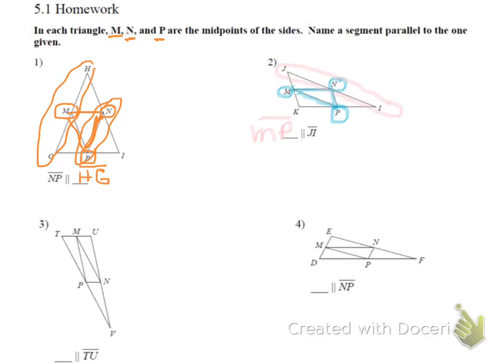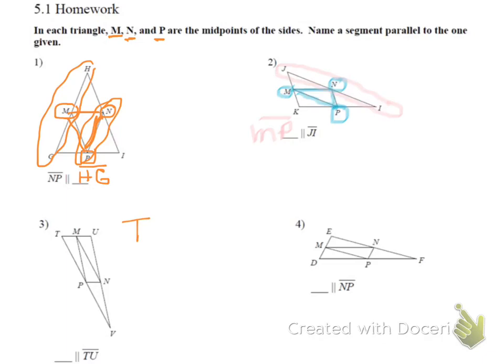Okay, so the next one is hard to see, but they're asking for something that's parallel to TU. So let me write that a little darker. So they want to know that TU, I believe, let me just check this since I can't really see it.